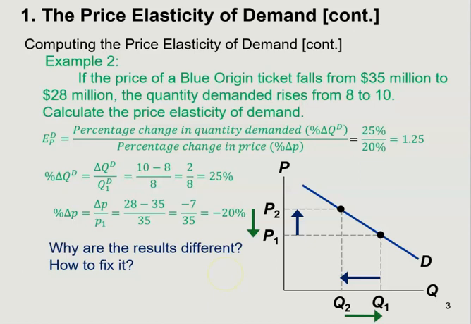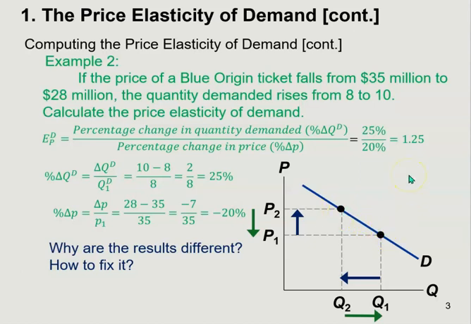If you take a closer look at this calculation, you would realize that it's because of the benchmark we used, in other words, the denominator. In each case, we use the initial level of quantity demanded or price, and the initial level is different when we move from the lower one to the upper one, or the upper one to the lower one.